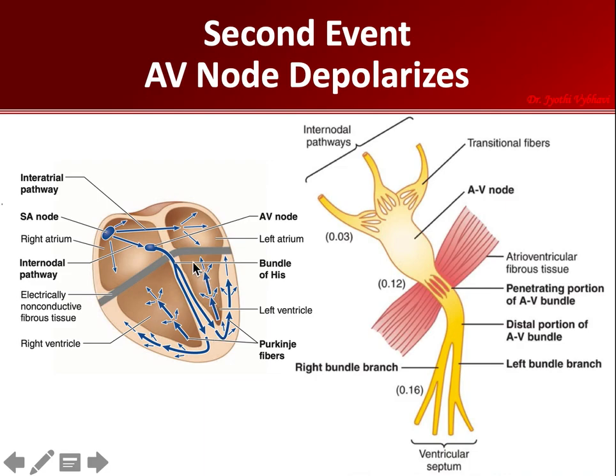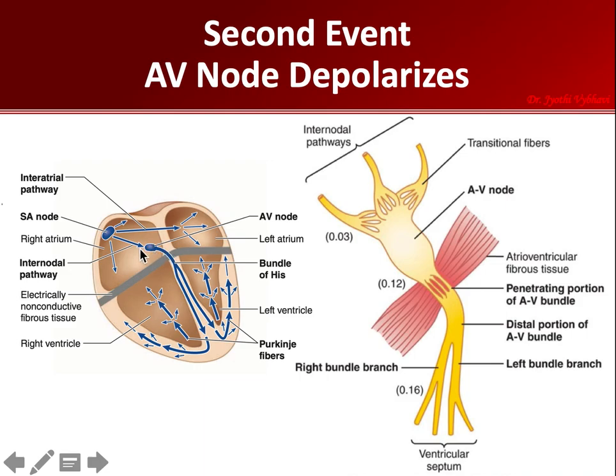Now the AV nodal tissue, if I can show you in a bigger way, this is the AV node. It is a specialized myocardial tissue, and very importantly, it is specialized for slow conduction. When the atrial depolarization current touches the AV node, it conducts very, very slowly.